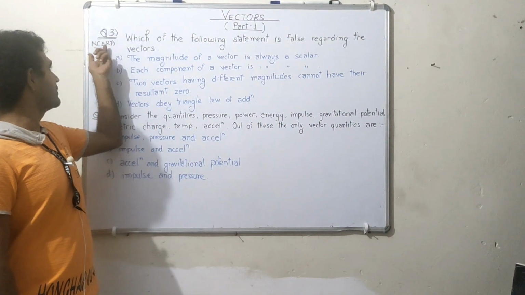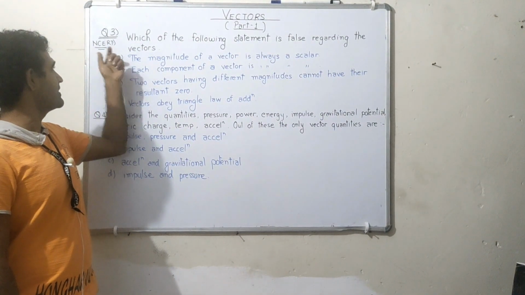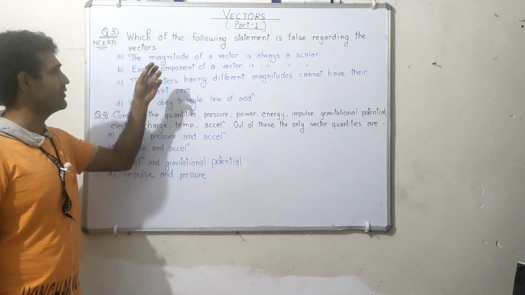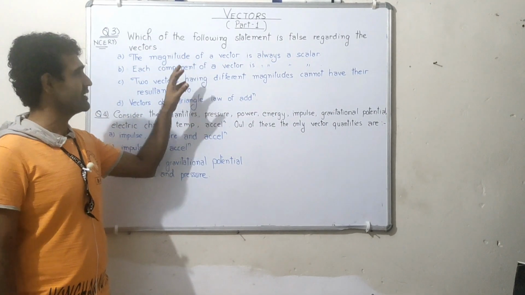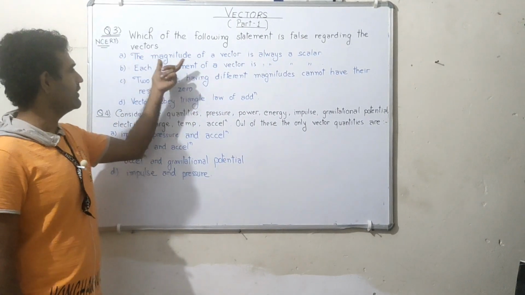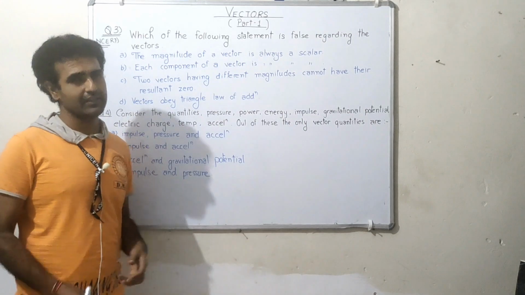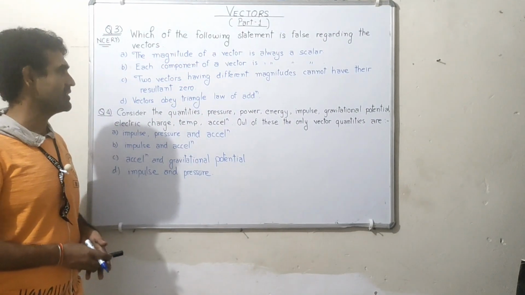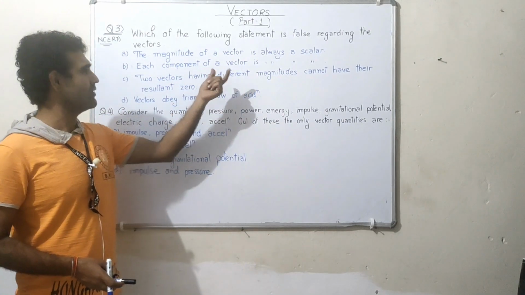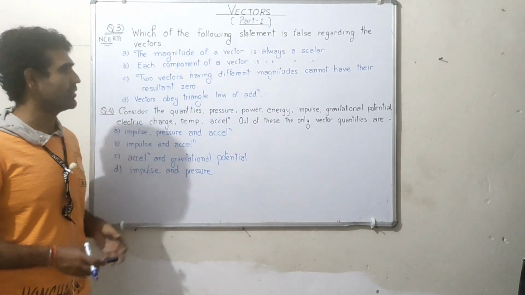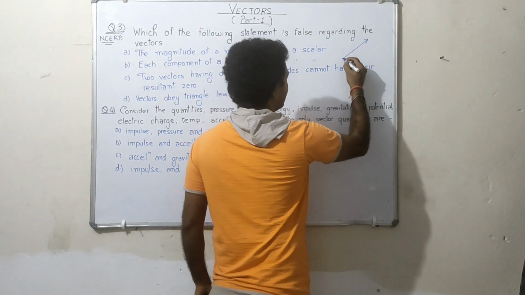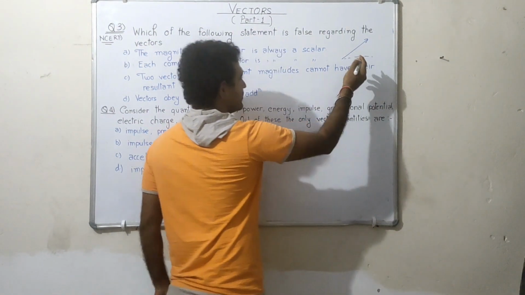This is question number 3, taken from NCERT. Which of the following statements is false regarding vectors? So we need to find out which statement is not applicable to vectors. The magnitude of a vector is always a scalar. Yes, the magnitude is always a scalar. This is correct. Now, each component of a vector is always a scalar. No, this is wrong, because if a vector is there, it can be divided into two components.